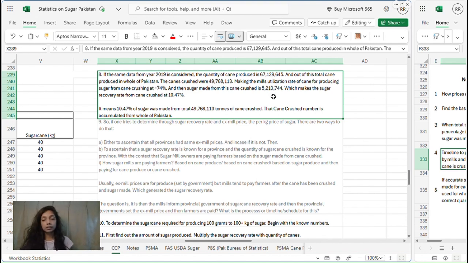And that produced sugar, let's say 6.2, increases the recovery rate from 10.47 to 11%, assuming.